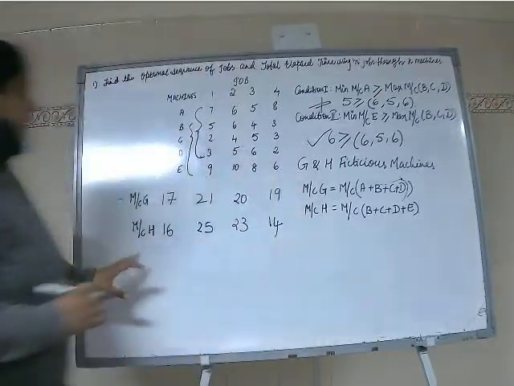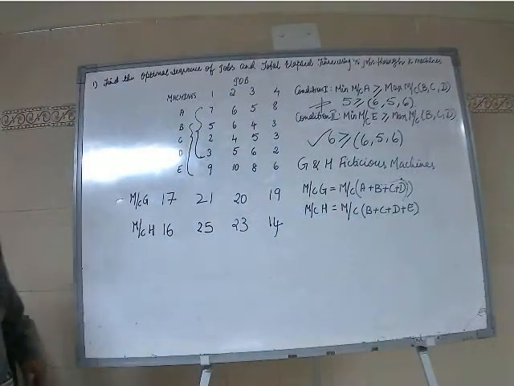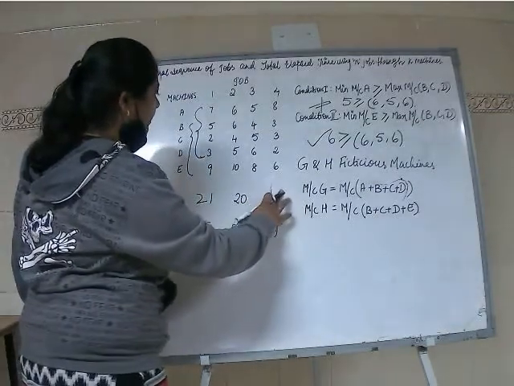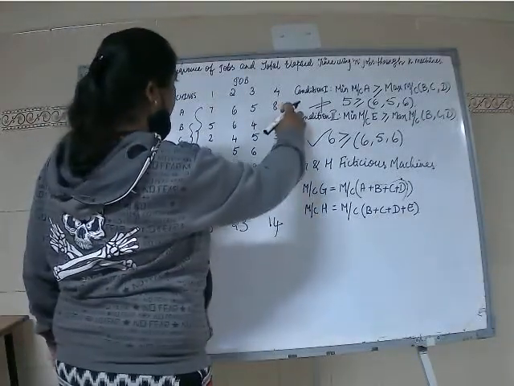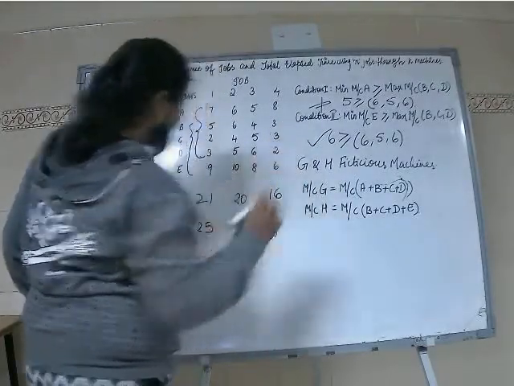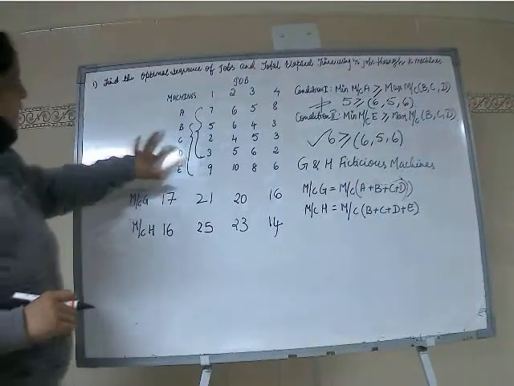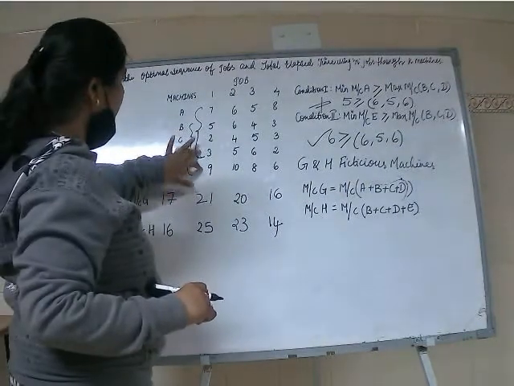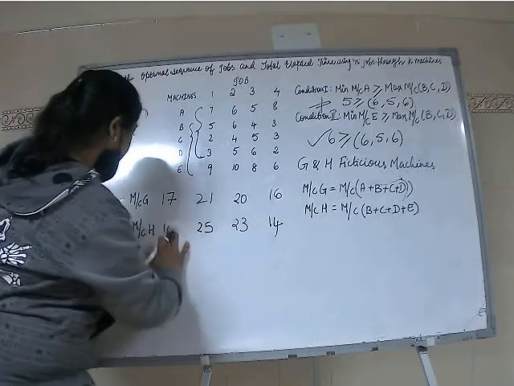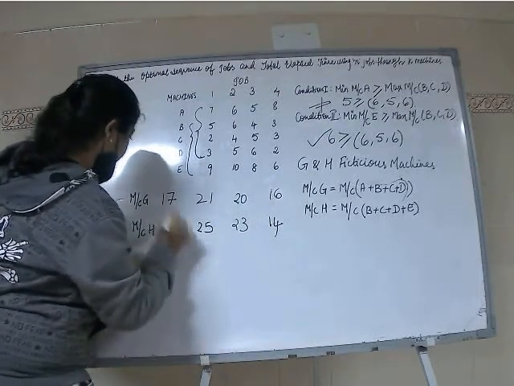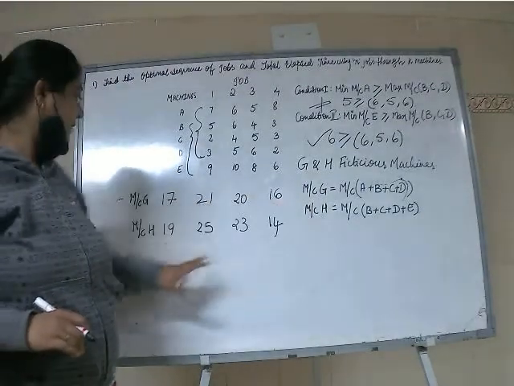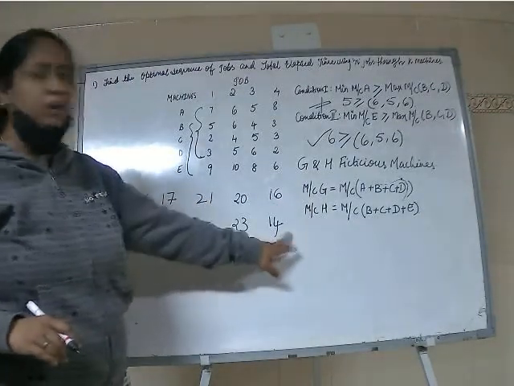So here the G values are 17, 21, 20, 16 and the H values are 19, 25, 23 and 14.